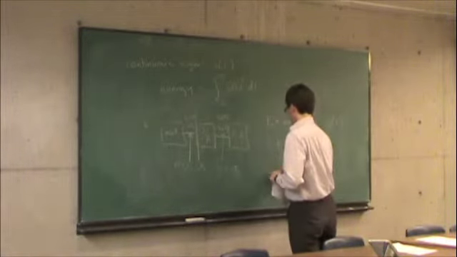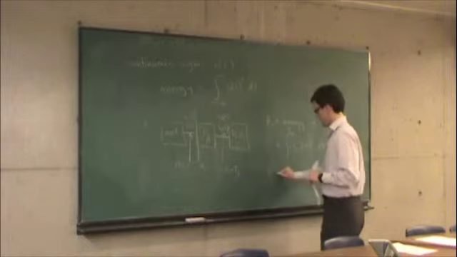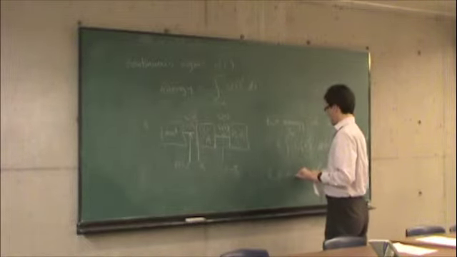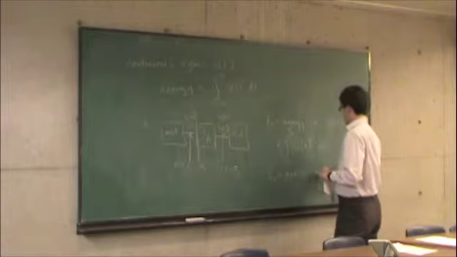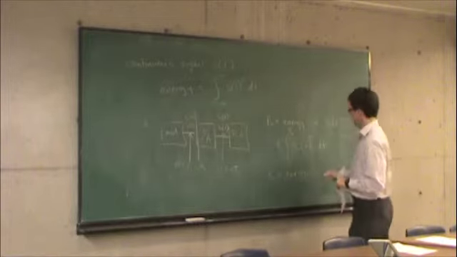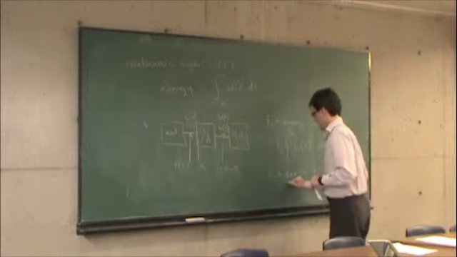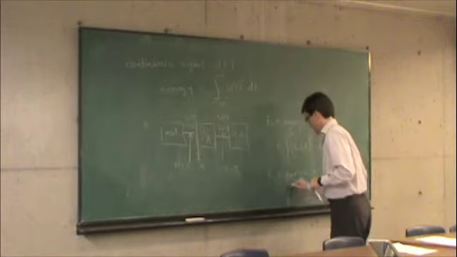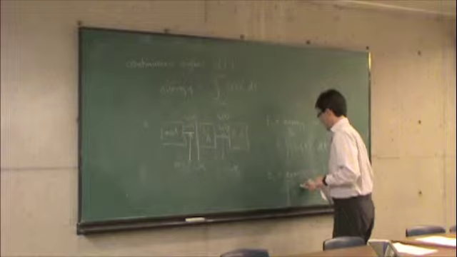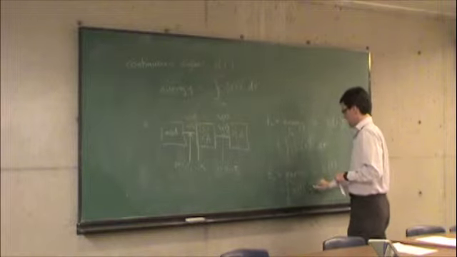Similarly, let's call the energy in bit 1 E1, the energy in the continuous time waveform S1 of t, which is the integral from 0 to TB of S1 of t squared dt.